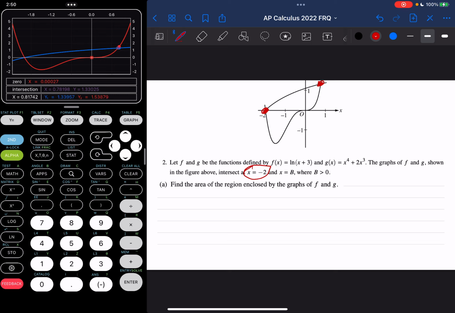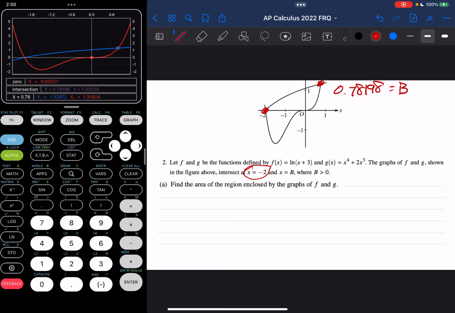So the intersection is 0.78198. That's what b is equal to. Now for the rest of the problem, I can just save b as that number, and it's all good.